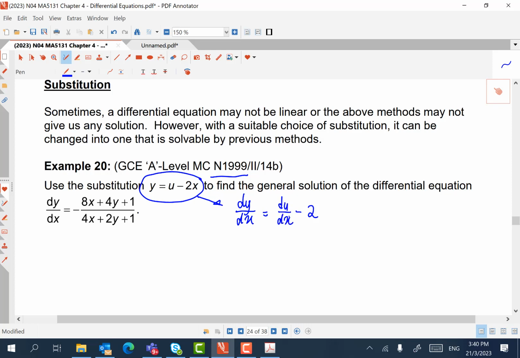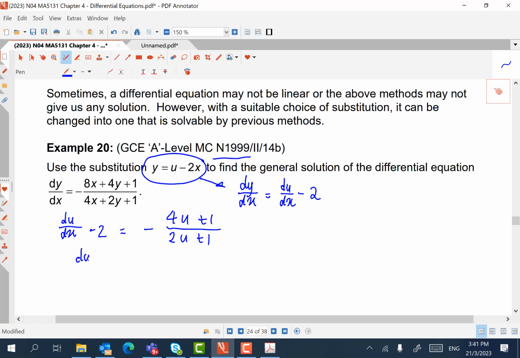So you just replace the left hand side with du/dx minus 2 equals minus (4u plus 1) over (2u plus 1).